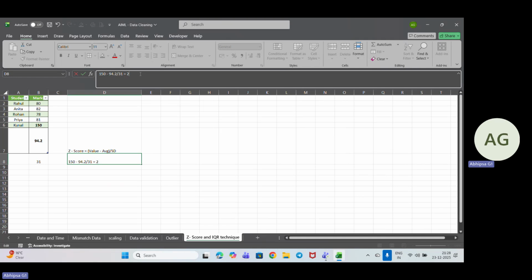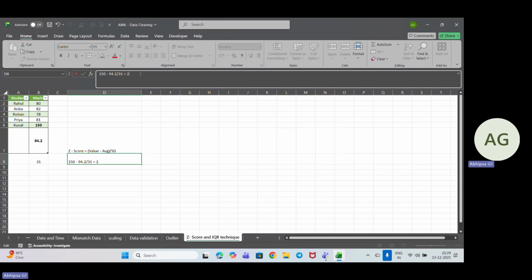For our example, the Z score is around 2, so it is close to an outlier, but it is not definite, it is suspicious.